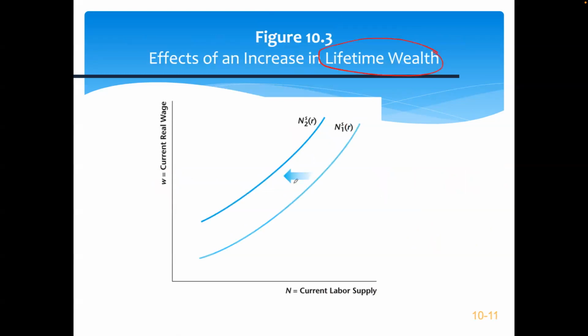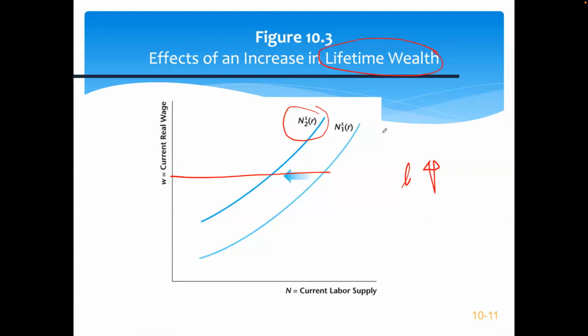Again, this is for any given wage. At any level of wage, you're going to reduce your labor supply. Why? Because leisure is a normal good. It's going to increase if you have more wealth, more income to consume. Okay? So this is regarding consumers' behavior.